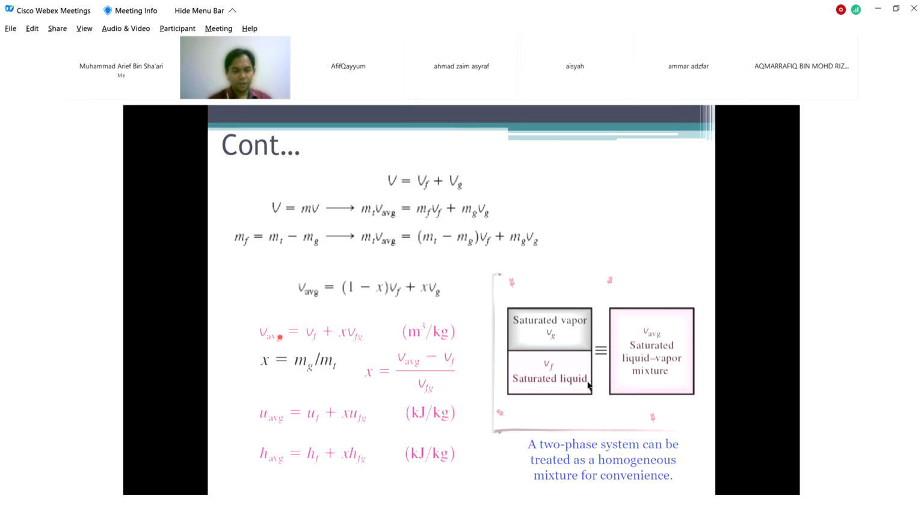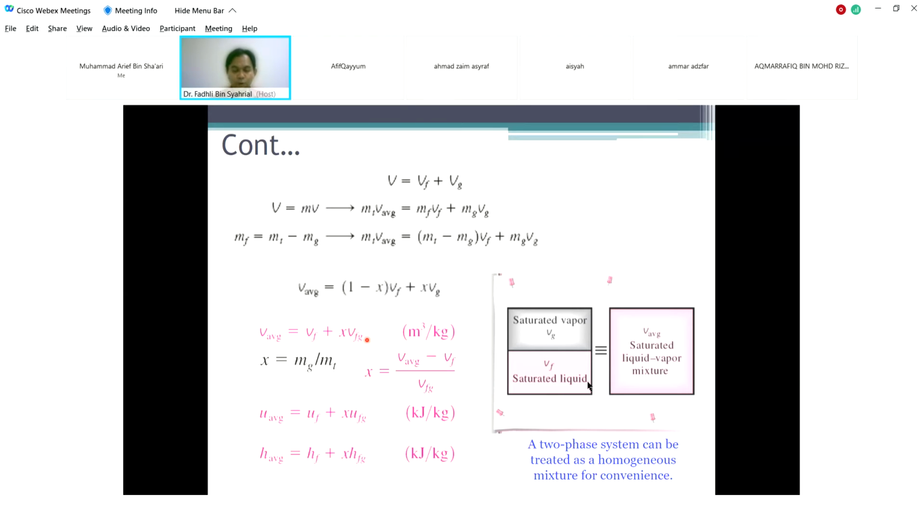Okay, V average equal to Vf plus X Vfg, where Vf and Vfg can be obtained from our table A4 or table A5. We have looked at our table just now, or you can look at your own table A4, for example. We have a column for specific volume, right?